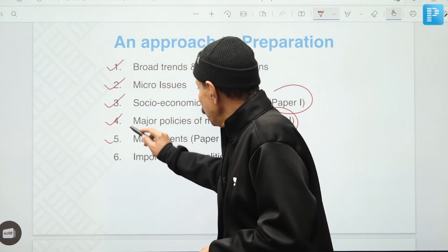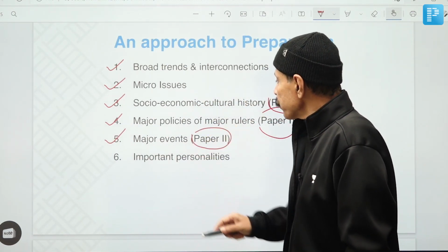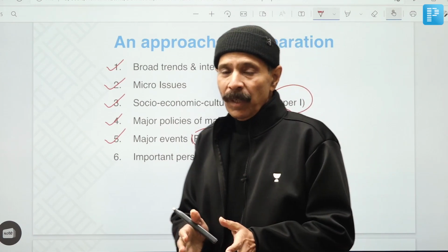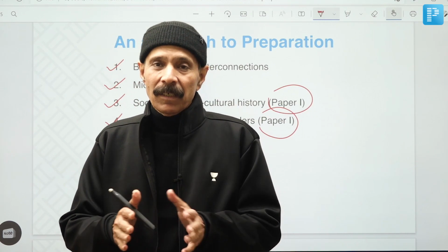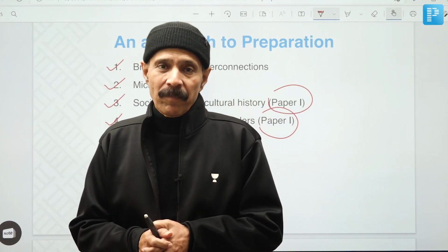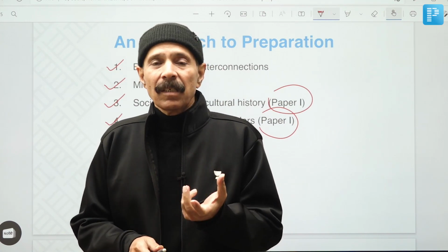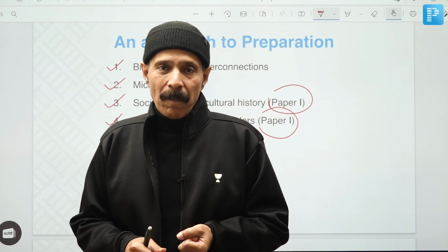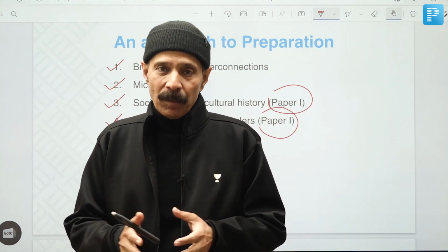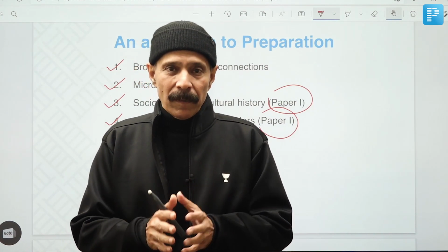Next is major events. This is with respect to paper 2. In paper 2, in both the sections, modern Indian history and modern world history, major events are very, very important themes. I give you one example. If you consider revolts during modern period, there took place hundreds of revolts. But among them, just a few are recorded.